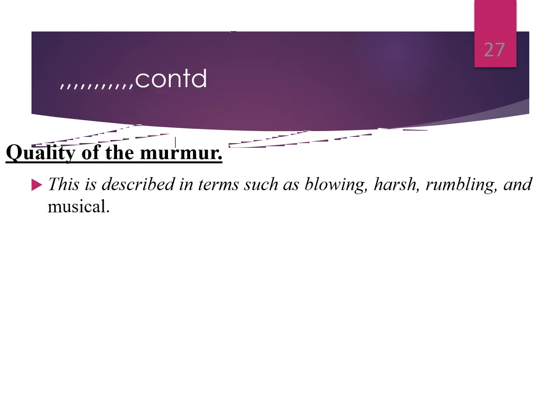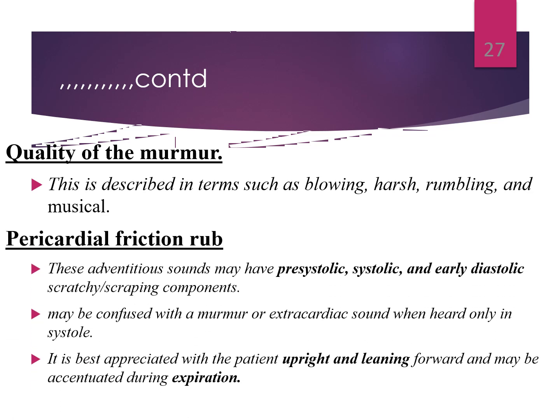The other is the quality of the murmur. This is described in terms such as blowing, harsh, rumbling, and musical sounds. A pericardial friction rub is a grating or scratching sound associated with each beat, due to the movement of the pericardial layers on each other, and it is best heard at the base of the heart.